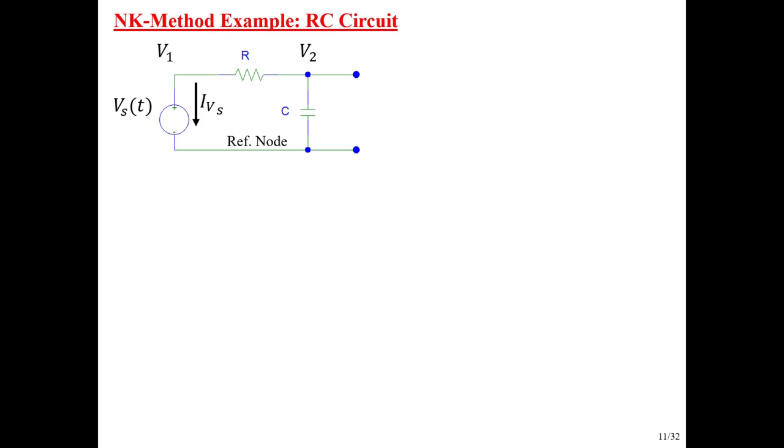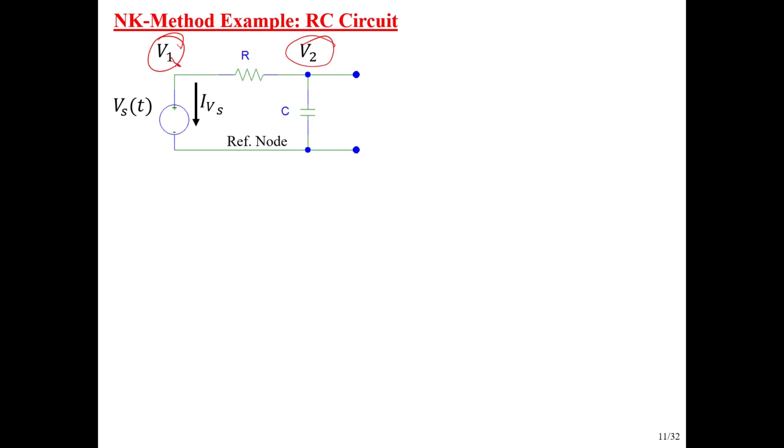So here's our circuit. I've identified a reference node. This is our simple RC circuit, one of our most beloved circuits in electronics. Here's our voltage source. Again, I'm not modeling the output resistance of the driving stage or the input resistance of the driven stage. I've labeled the other nodes, V1 and V2.